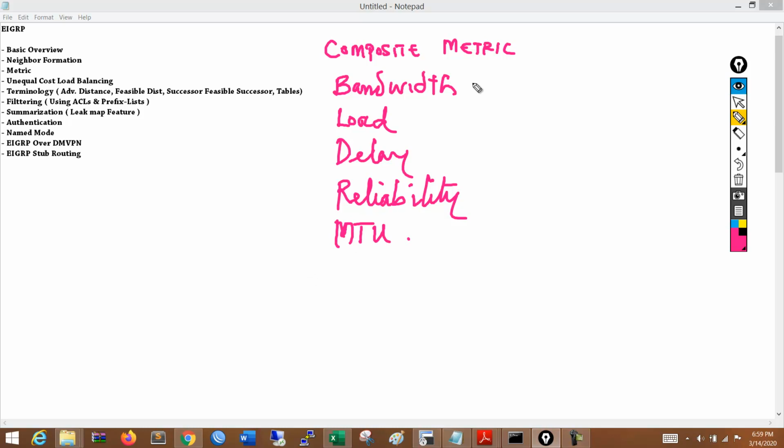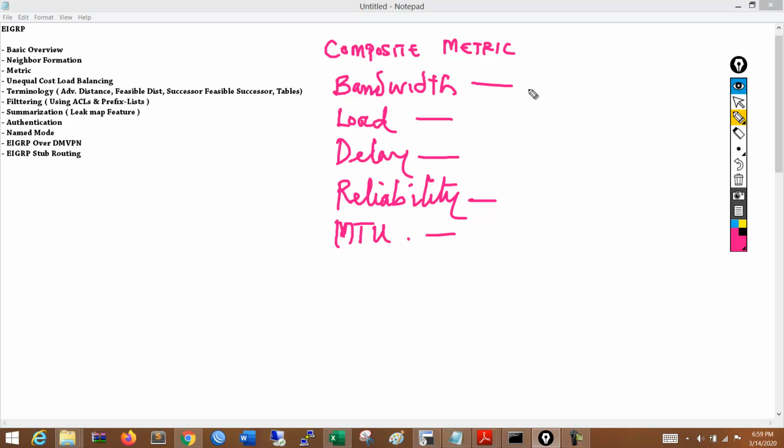So EIGRP will check the bandwidth on the link. It will also take into calculation the load, the delay, the reliability of the link, and the overall maximum transmission unit of the link.